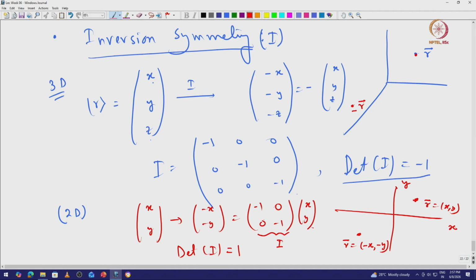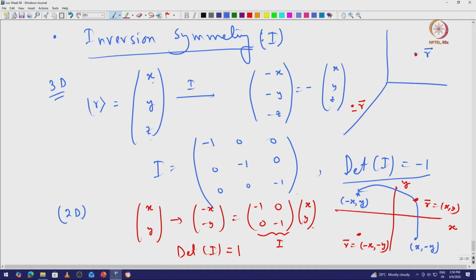So in 2D, even if somebody is saying it, inversion symmetry, it should rather mean a reflection going from here to there, in which we change minus x, y remains same, or from here to there, in which case it will be x, minus y.